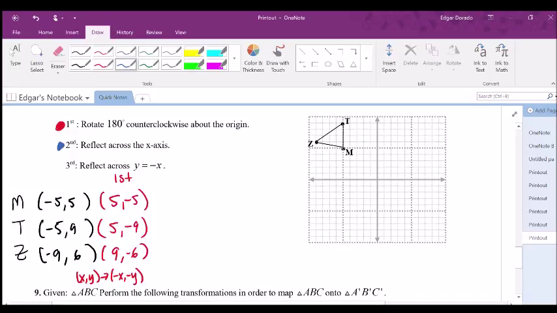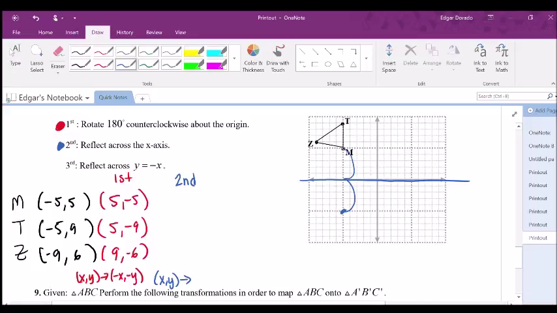My second portion, which is reflect across the x-axis. Okay, so now my second thing is going to tell us to do what? Let's see if you guys can remember this. What is this going to make us do, guys? Hopefully you guys remember. All right, and a reflection over the x-axis, and let's pretend that we had to do this. It's going to take this and bring it down here.